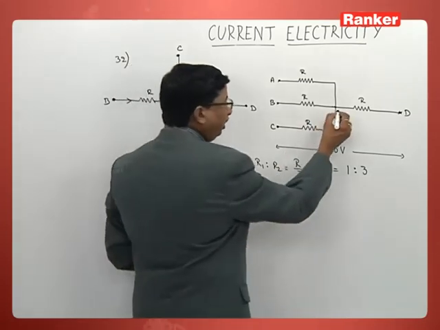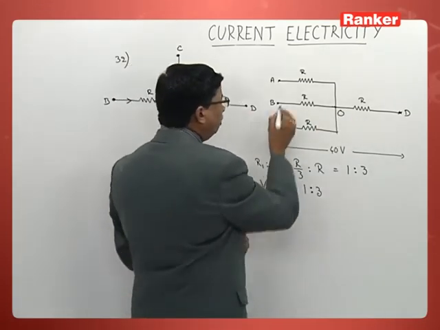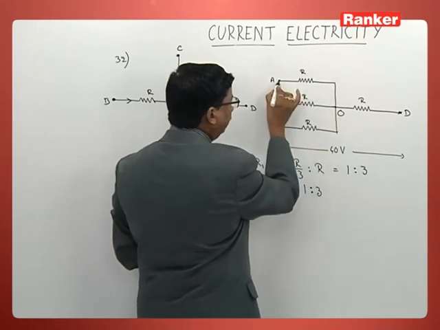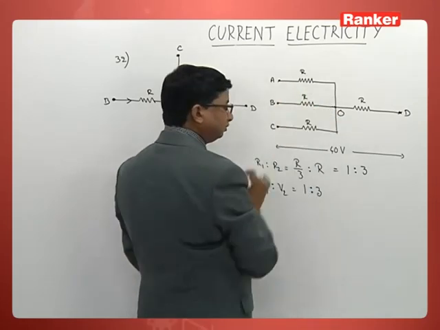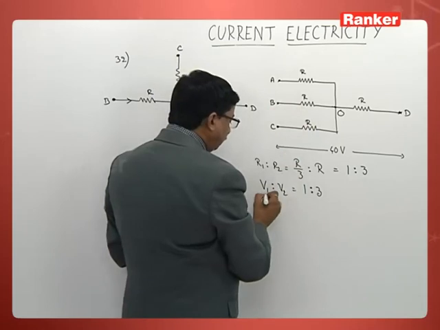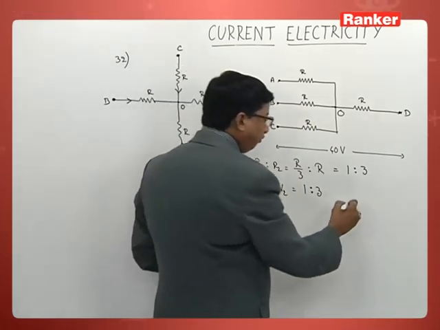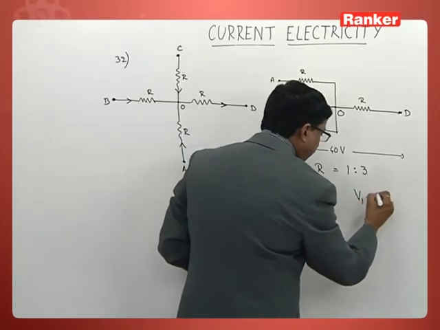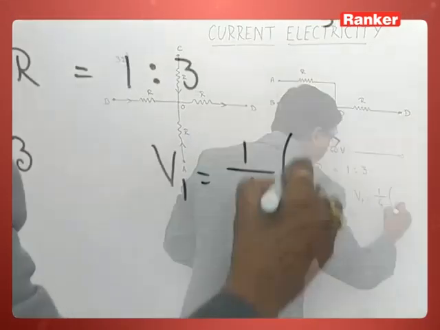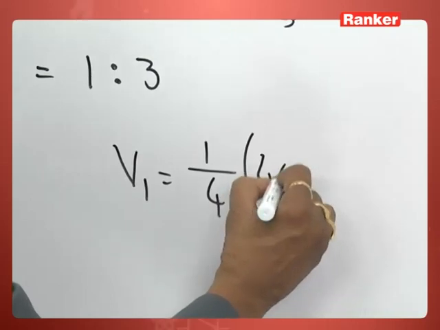So if you take this point as O, what is the PD across A and O? He is asking. A and O means you need to know about V1. So what will be the value of V1, please? V1 is 1/4 of the total voltage.